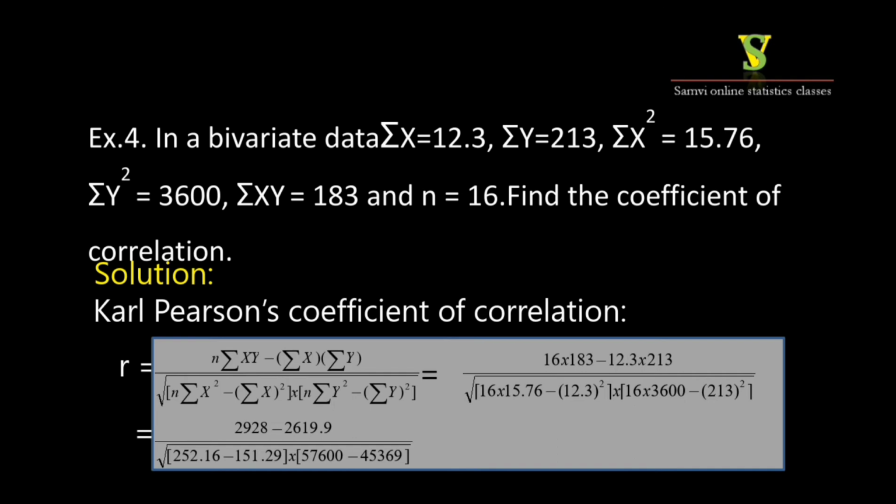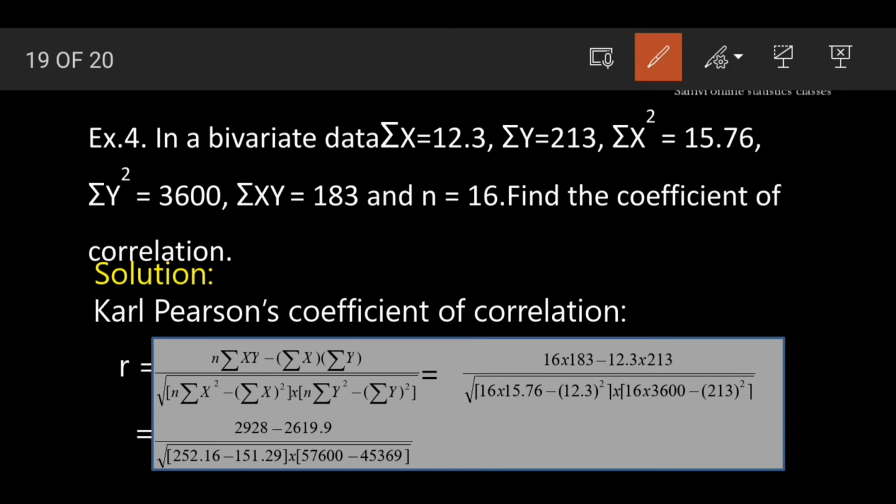Next, 16 into 3600, if you multiply, we'll get here 57,600 minus 213 squared. If you square, we'll get here 45,369. So now we have to further simplify.